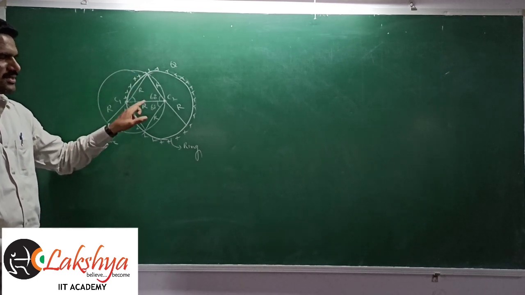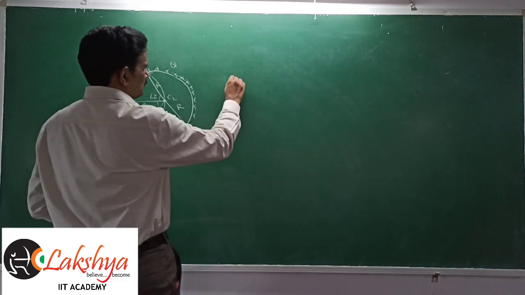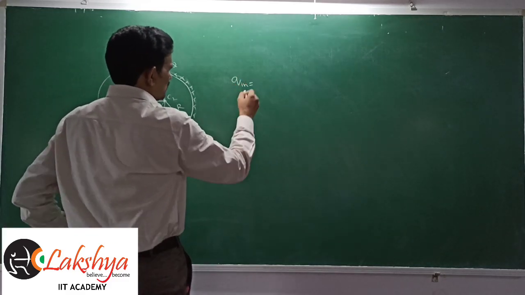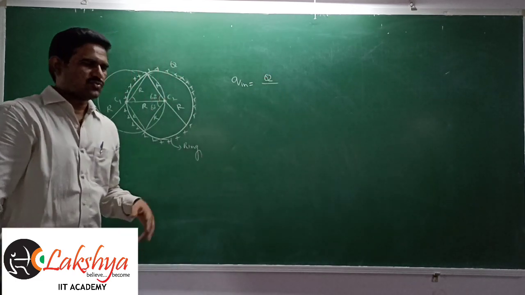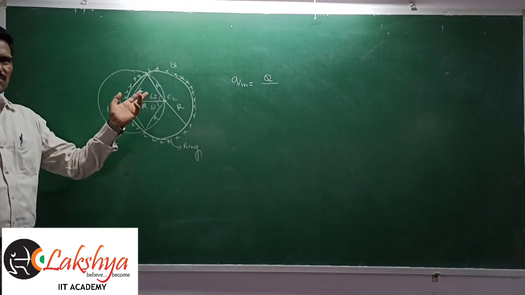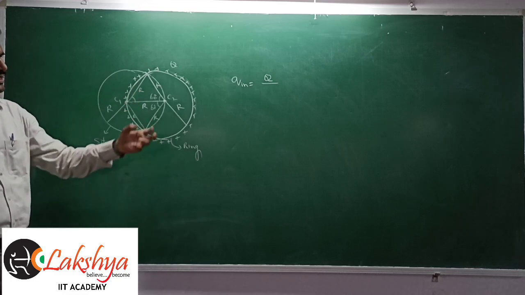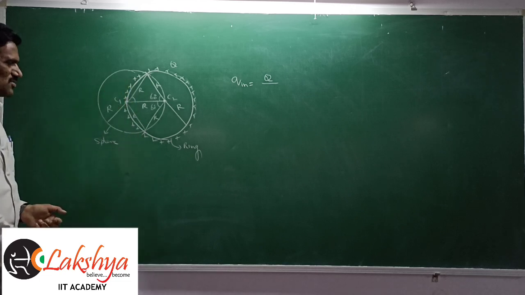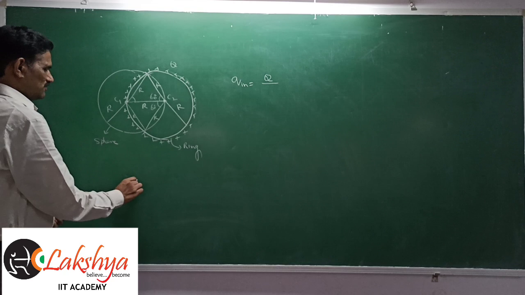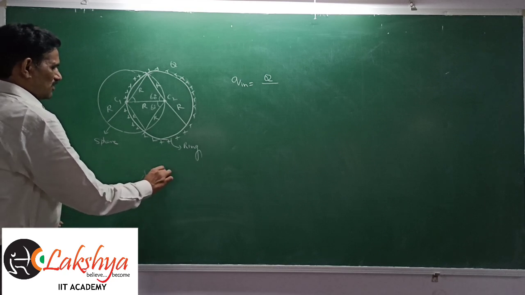And so we can write the charge enclosed will be equal to Q by 120 degrees, which we can write as 1/3, because the charge Q is distributed over a total angle of 360 degrees. So it is 1/3. Or in terms of charge per unit length, lambda is equal to Q by 2 pi r.